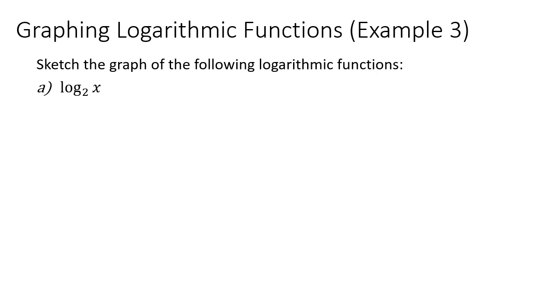The trick is to try to pick x values that are powers of the base. That way the logarithm evaluates really nice and easily. So for this one, I want to pick x values that are powers of 2. So let me show you the process.